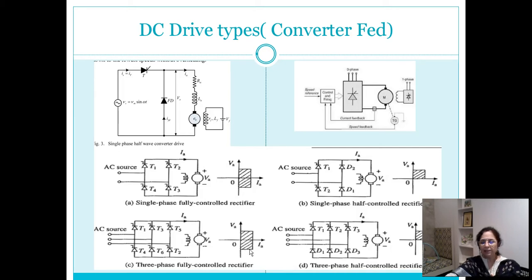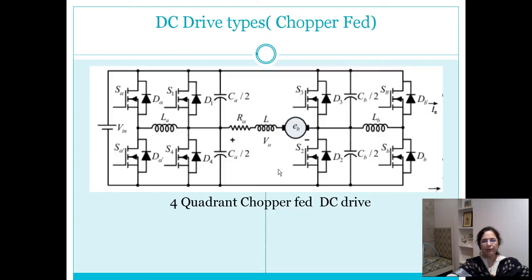But as far as operation in two quadrants is concerned, no single rectifier like this can operate the motor in two quadrants. For four quadrant operation, we need to use a back-to-back connection of two converters. We call it a dual converter. So unless we have a dual configuration, we cannot operate a converter fed drive into all four quadrants. Okay, this must be borne in mind.